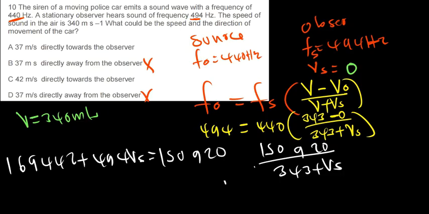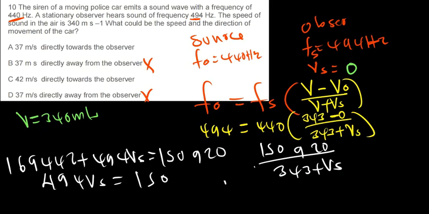So if we shift that to the other side, what are we going to have? 494 Vs should be equal to 150,920 minus 169,442.